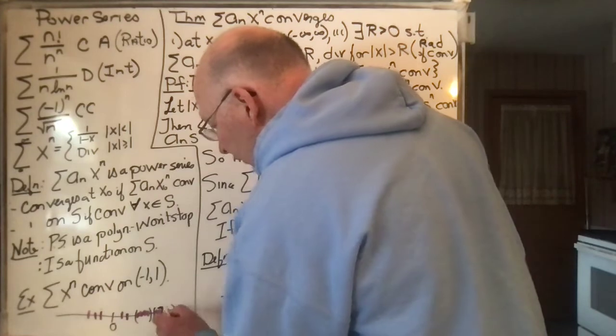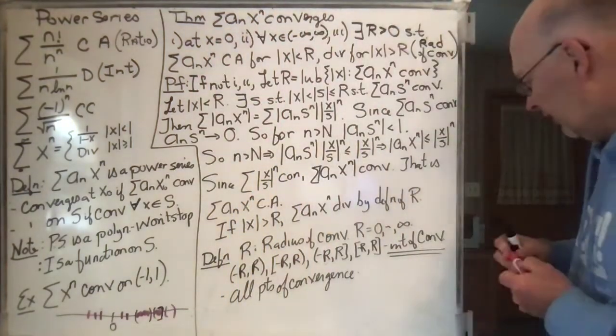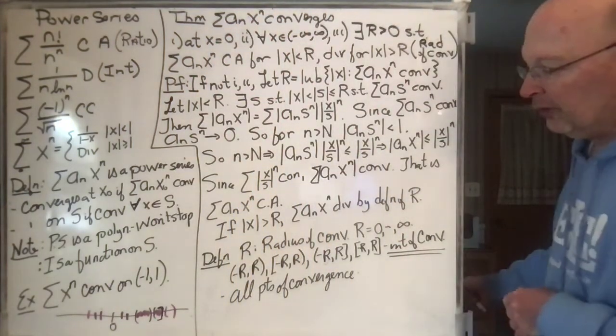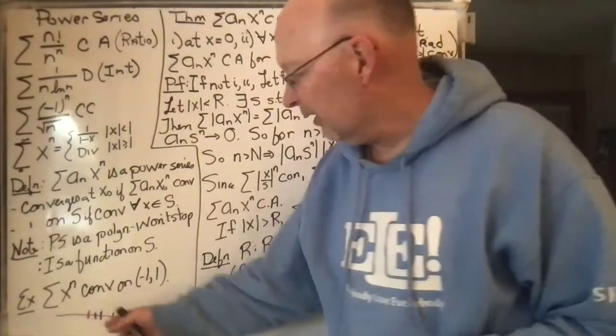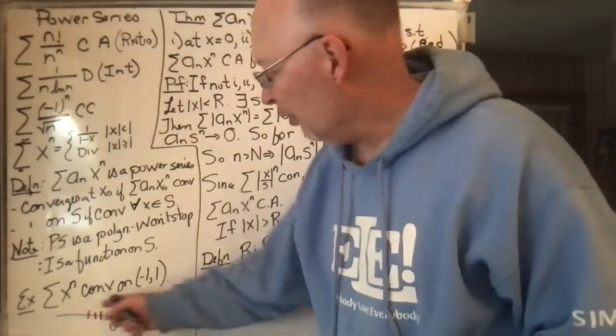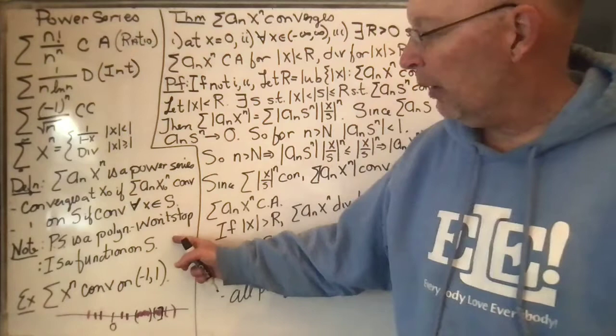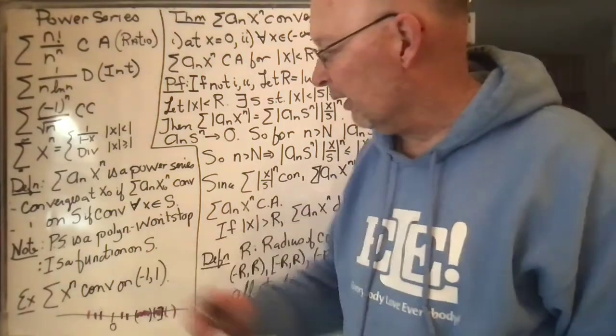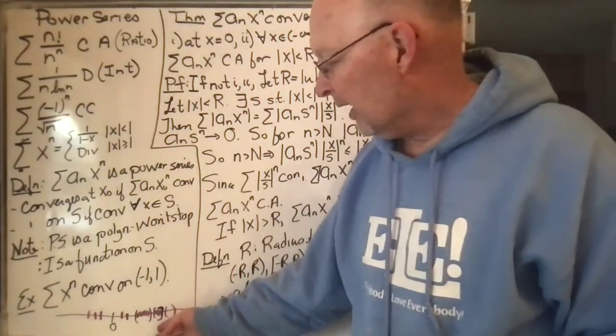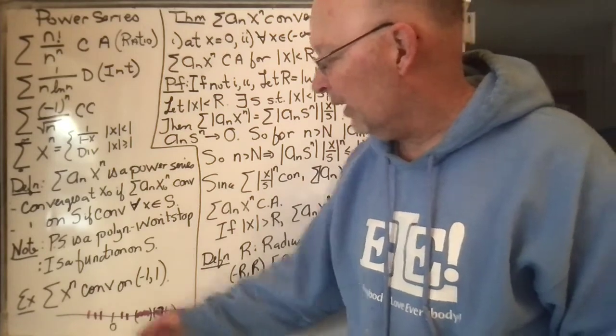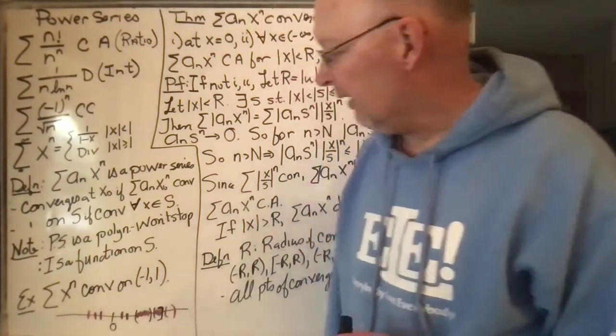Open from there to there. So it could have a collection of open intervals or closed intervals, whatever, and a few other isolated points, and maybe those are all the values where the power series converges, and for everything else it doesn't converge. We have no reason to think at this point that that might not be the case.